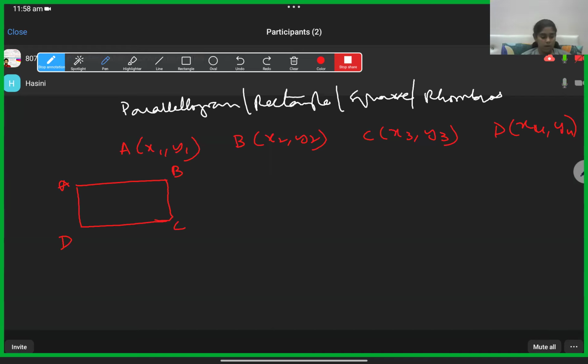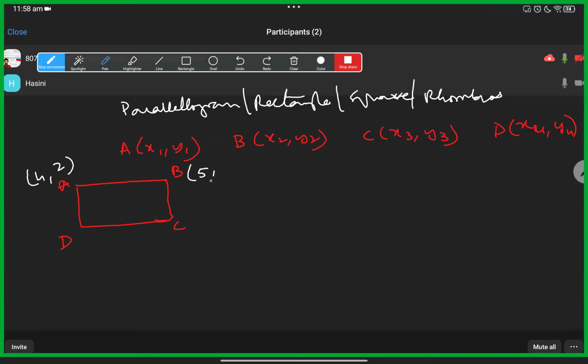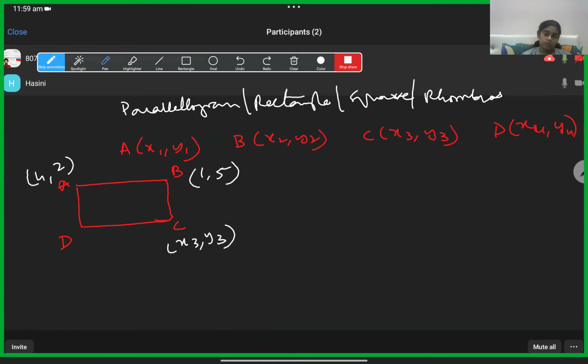Here they'll give you these points. Let us take an example: 4 comma 2 and 5 comma 3, just a random example, not exactly as per the coordinate axis. Then 1 comma 5, and let us take the last one to find out, and this is 0 comma 2.